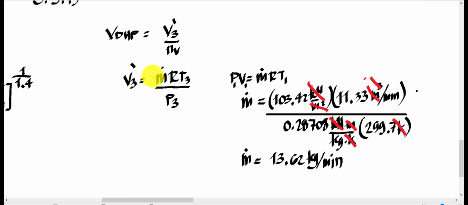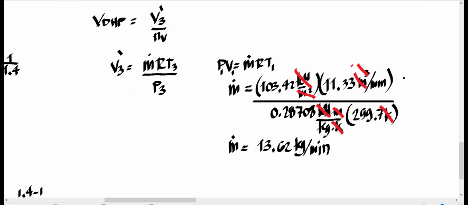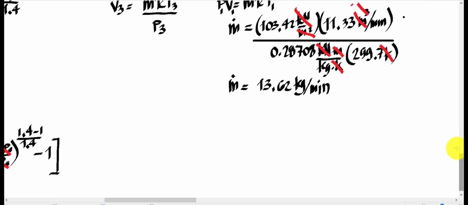Now substituting that in these equations, we have now the mass flow rate, which is 13.62. So we can compute now for our volume 3, substituting that here. So I'm gonna write here, I still have vacant space here.